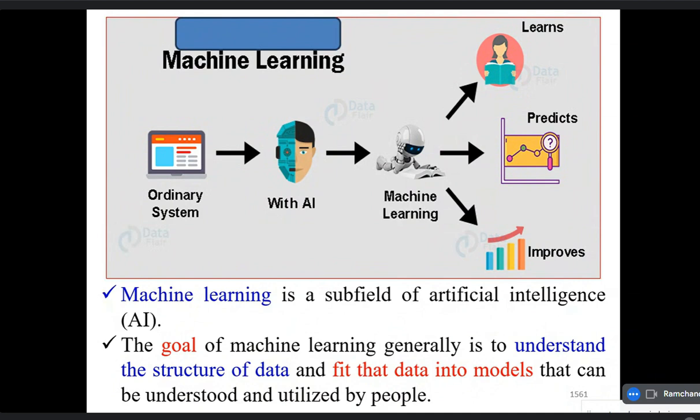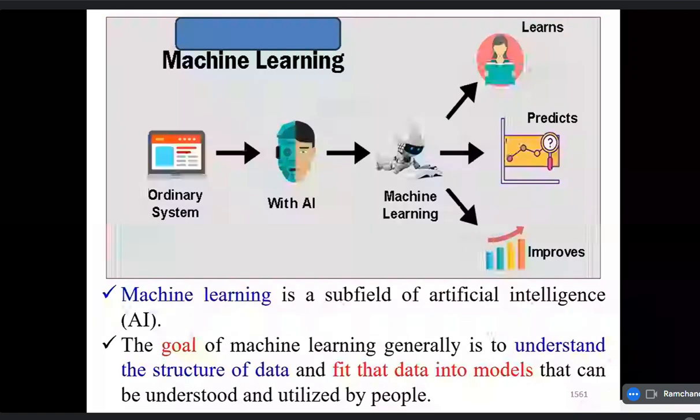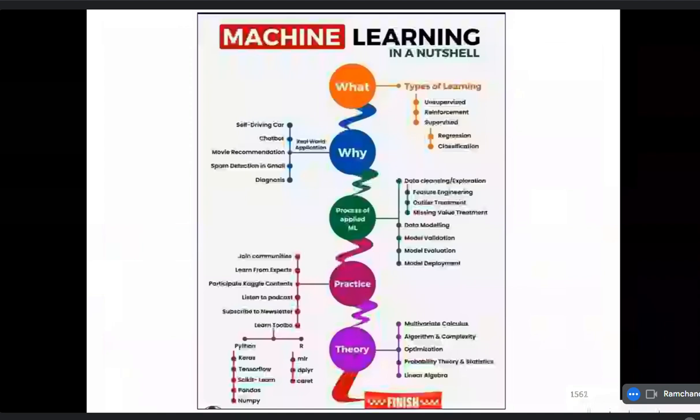Data is a raw material. Data can be anything like audio, video, text, graphics, image, animation, anything. The goal of machine learning generally is to understand the structure of data and fit that data into models that can be understood and utilized by people. That is called machine learning.